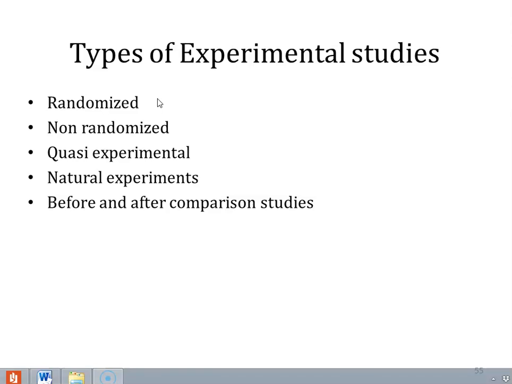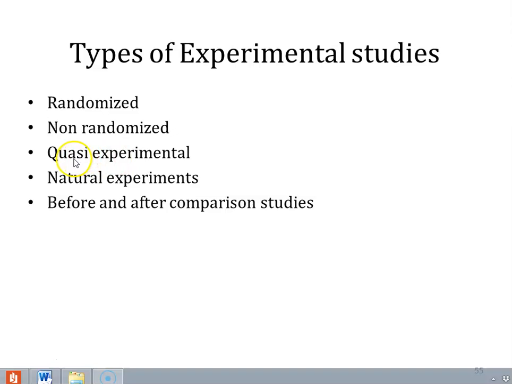And if this allocation is random, for example, it's done by balloting, and the researcher does not decide who is to be given what treatment and decides by balloting, then it is called the randomized trial. If this allocation is non-random, it is a non-randomized study.